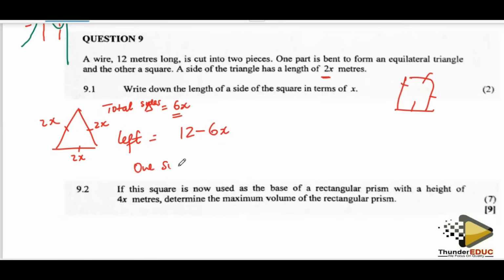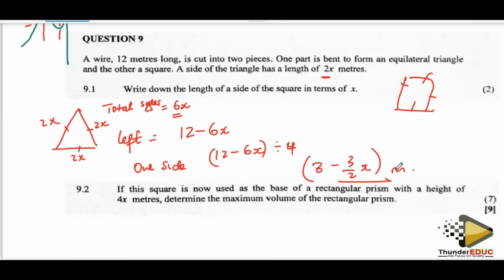Then for us to get one side of the square, we just get 12 minus 6x, and then I'll divide this by 4. When I split that, 12 divided by 4 is going to be 3, minus 6 divided by 4 is going to be 3 over 2x. I can call this meters. It's fine.